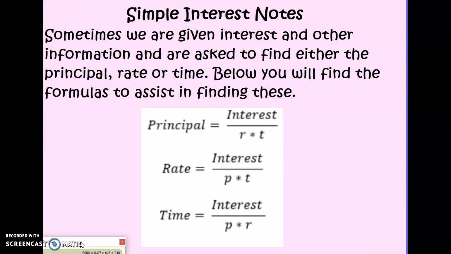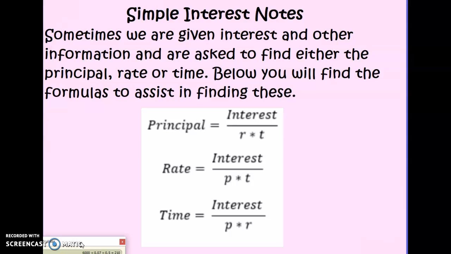We can find principal by taking interest and dividing by our rate times time. We can find the rate by taking our interest and dividing by principal times time, and we can find time by dividing interest by principal times rate. All I did was take the initial formula and divide it by the numbers I needed to, so that principal, rate, and time would be by themselves on one side of the equal sign.